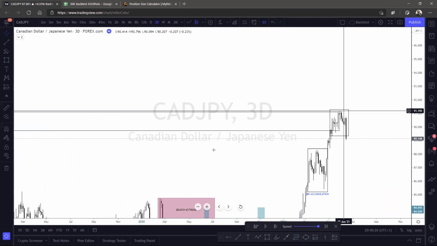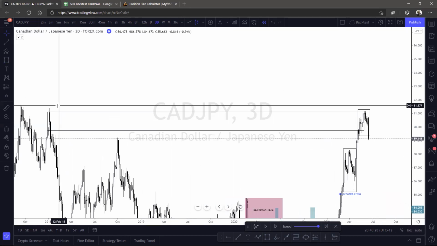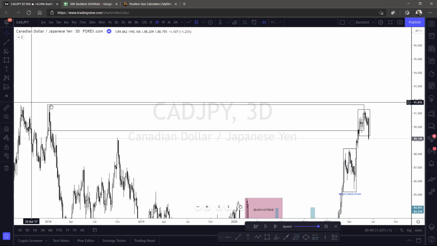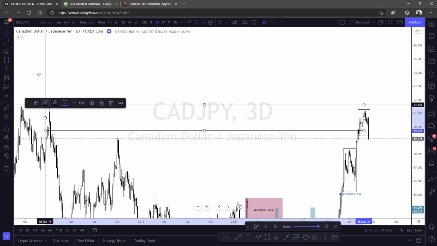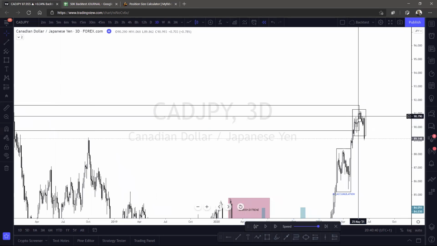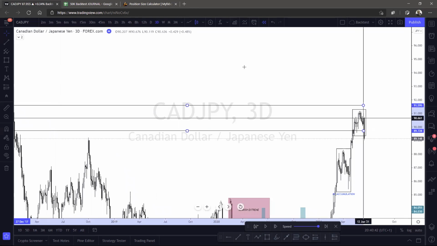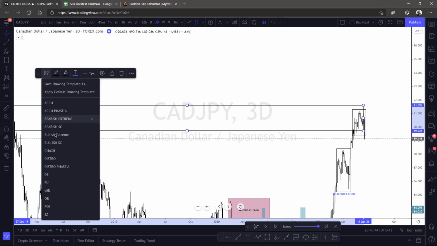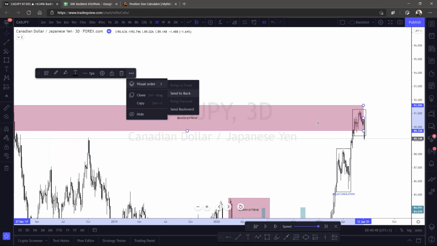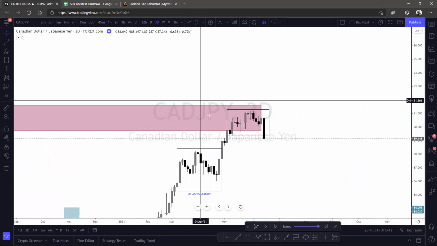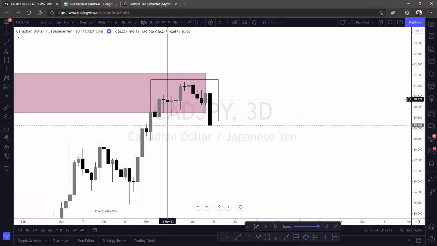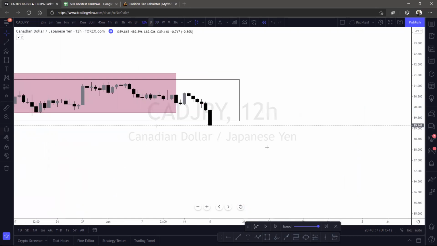It didn't quite go into it, because this is the wick here. So I guess we could do all of that, put that at the back. Okay, so there's our extreme there. And then there's our lower time frame distribution sitting in here as well.